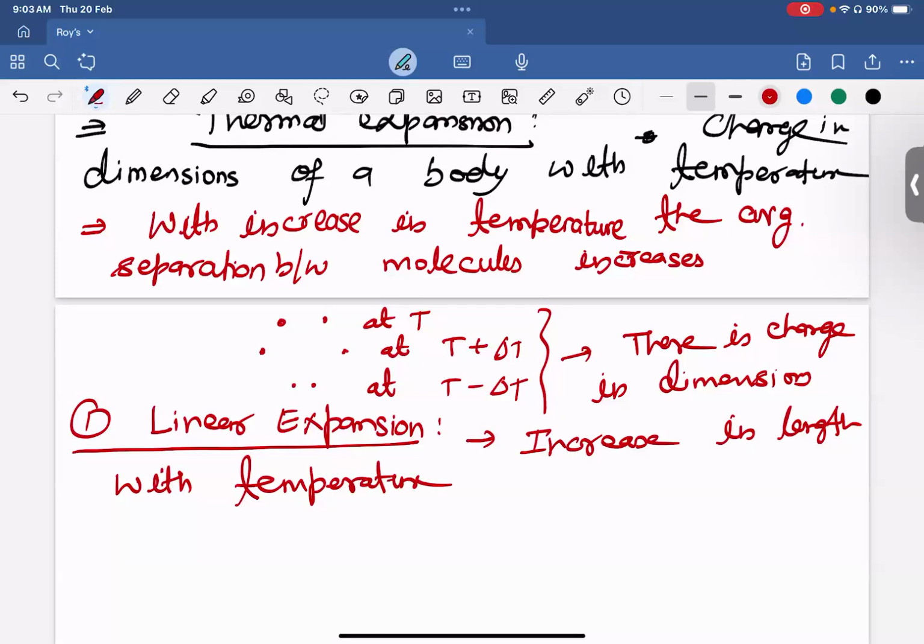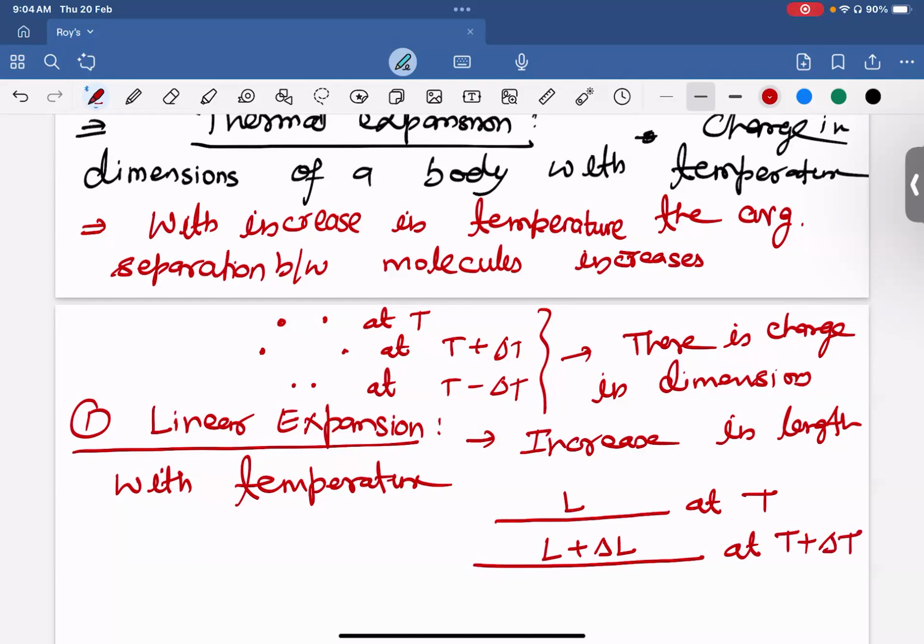If you have one wire that is having length L at some temperature T, and you increase the temperature, then slightly length also increases, that is L plus delta L it becomes at a temperature T plus delta T. Are you understanding, Neil?